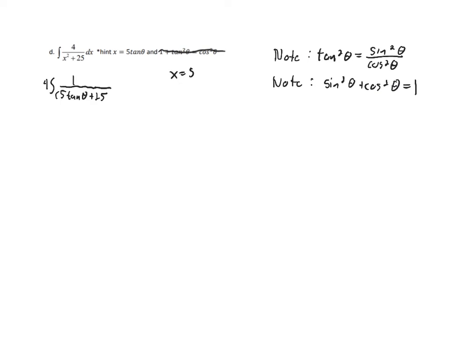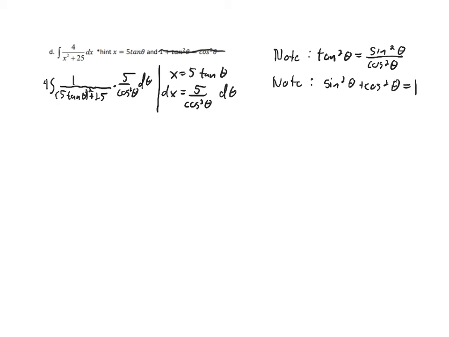If x was 5 tan theta, dx is going to be 5 over cosine squared theta d theta, since the derivative of tangent is 1 over cosine squared. So times 5 over cosine squared theta d theta. I'll just put a little barrier there. So there's our new setup.